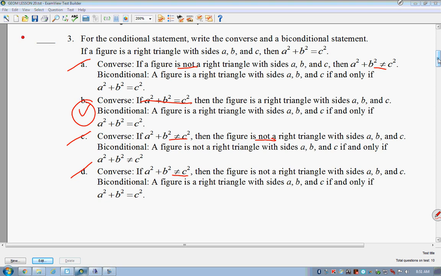So we're not writing the converse and then writing the biconditional. That would have been maybe where I would have messed up. I would have written the converse and said, A squared plus B squared equals C squared if and only if it is a right triangle with sides A, B, and C, which really still wouldn't be wrong, but we want to write our biconditional based upon the original statement.